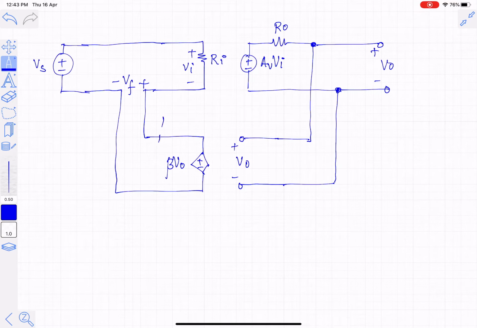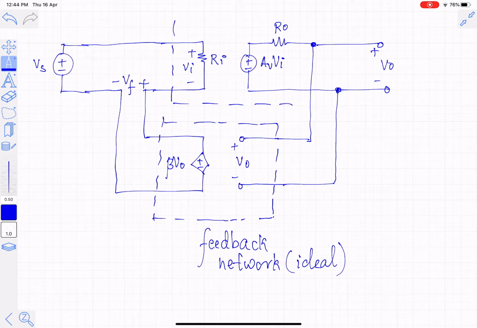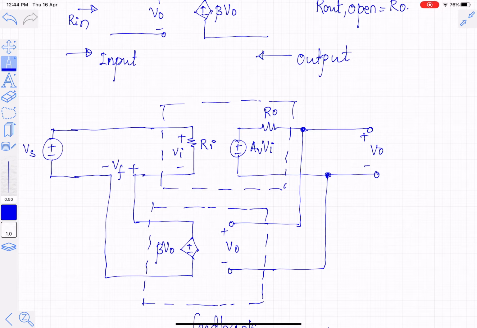Okay, so this is the feedback network. This is ideal, while this is the feed-forward amplifier.